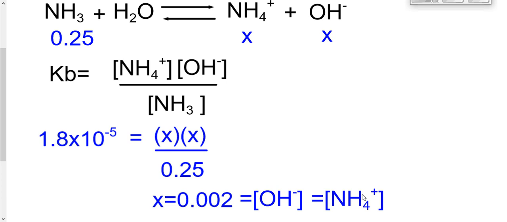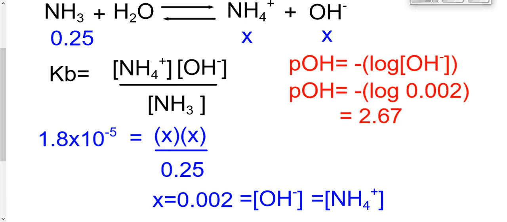Let's take this one step further and solve for the pH of this solution. Being a base, we will expect the pH of this solution to be a number higher than 7. Since I don't yet have a hydrogen ion concentration, I will start by solving for the pOH. The pOH is given as the negative of the log of the concentration of hydroxide.